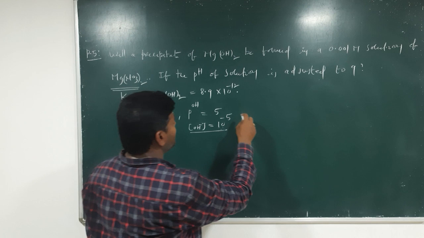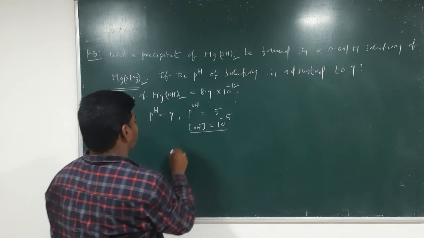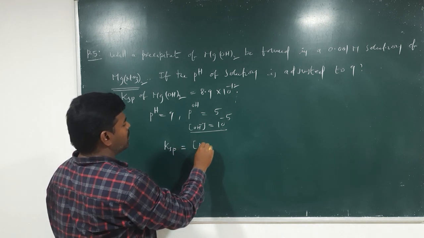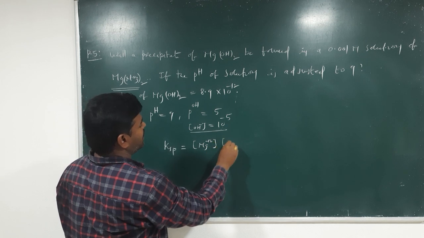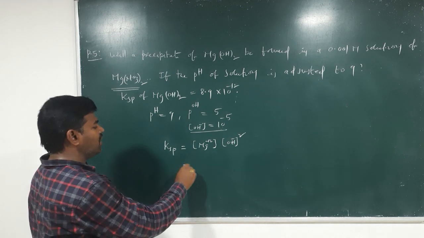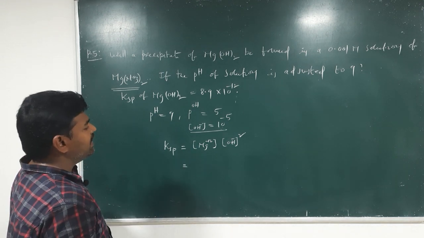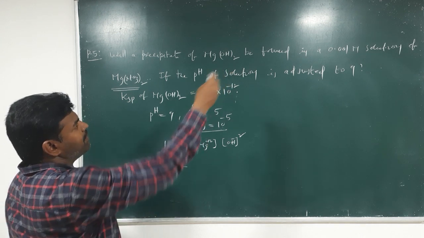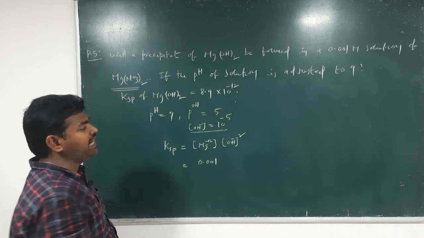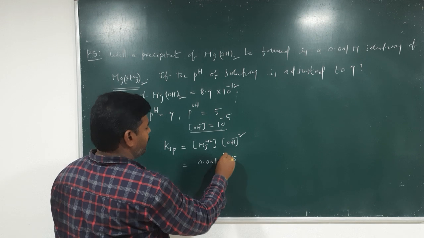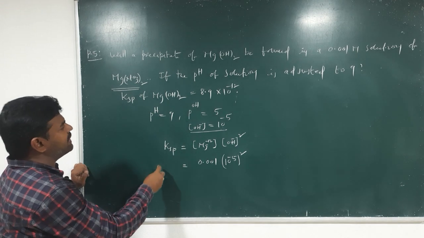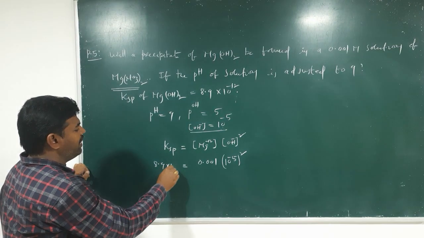So, for MgOH twice, Ksp is equal to the concentration of Mg plus 2 into the concentration of OH minus squared. The concentration of Mg plus 2 is 0.001 and the concentration of OH minus is 10 power minus 5 whole squared. The solubility product is 8.9 into 10 power minus 12.